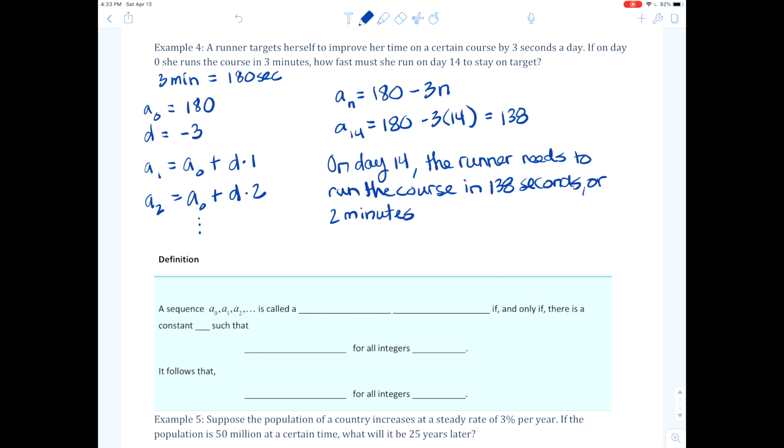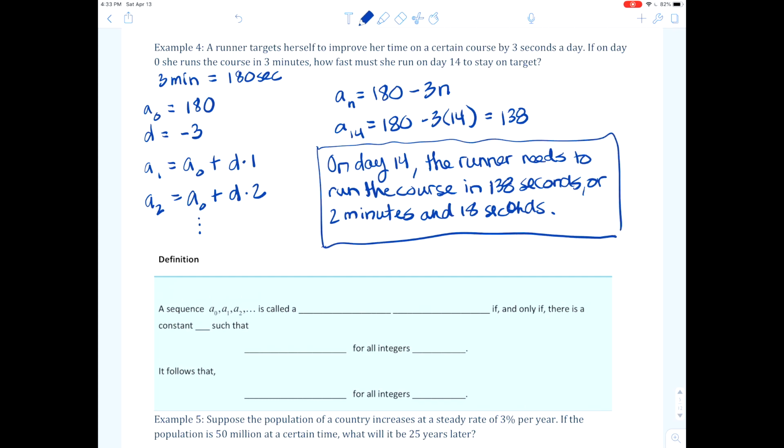So 2 minutes is 120 seconds, right? And 18 seconds. Cool, cool? All right. So that's how you'd use something that is an arithmetic sequence.